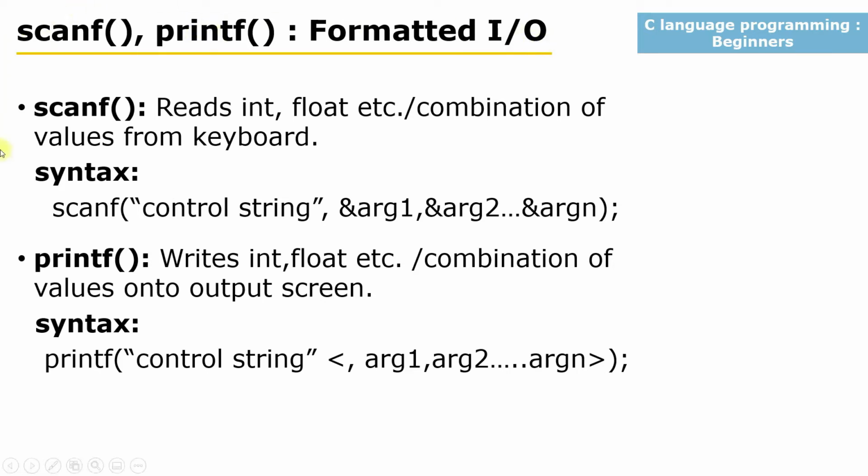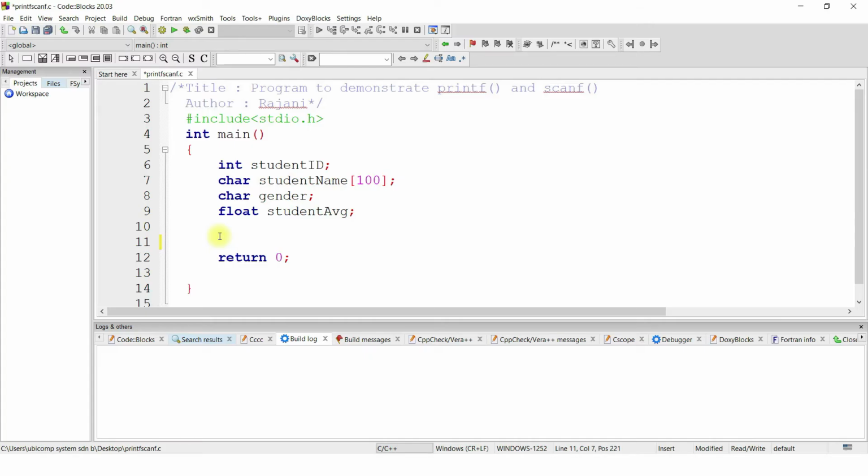Now, let's see these scanf and printf functions with an example. Let's go back to our example. We should write scanf, we should write the control string. Now, as we are going to read any type of data with scanf, how can we inform the compiler that I am going to read a particular type of data?